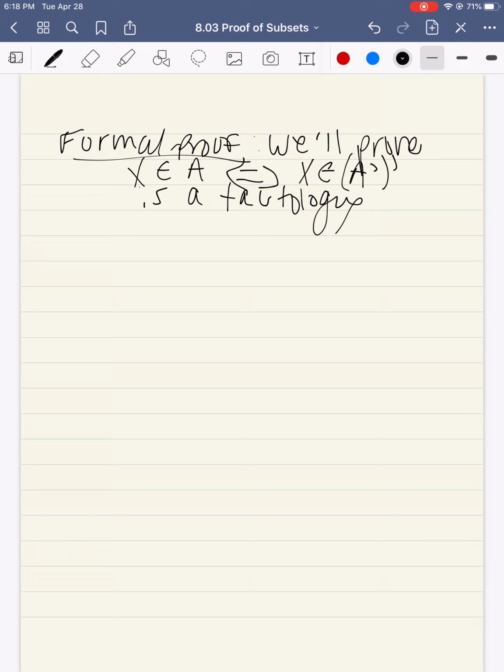So thinking back to when we did logic, we used truth tables. And we can't necessarily use truth tables for just sets, but we can use truth tables for elements of sets.